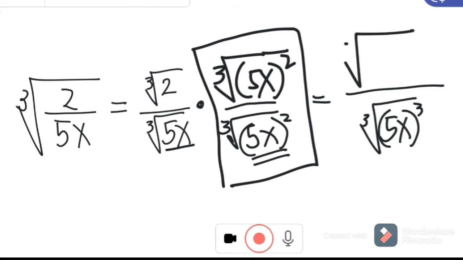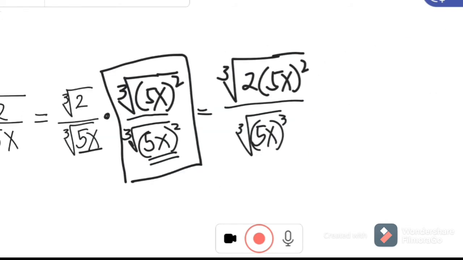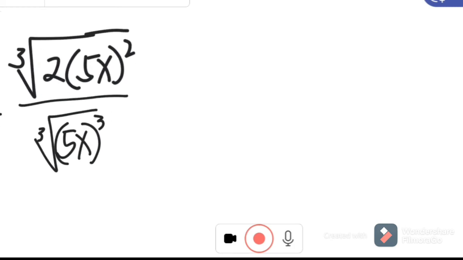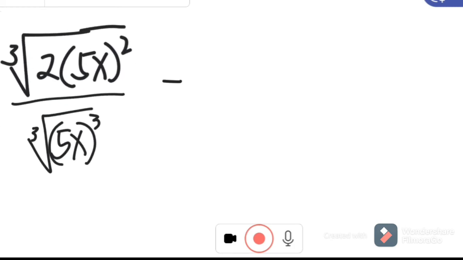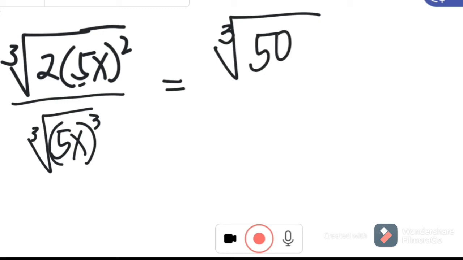Cube root 2 times 5x squared. And then we simplify. This will now be the cube root of 5 squared, 25 times 2 is 50, and the variable x squared.